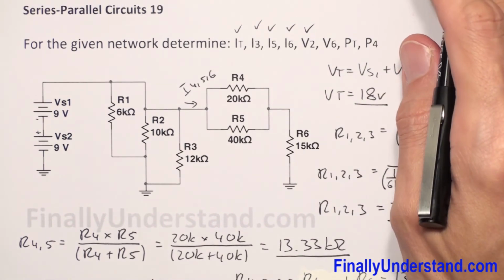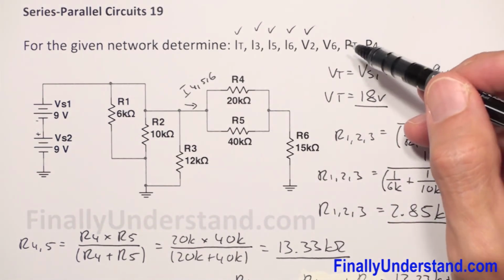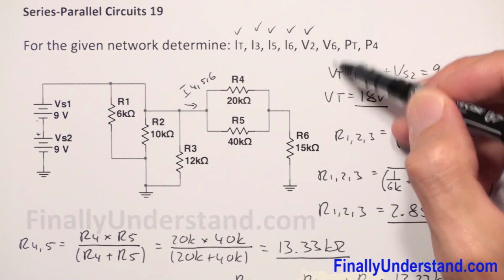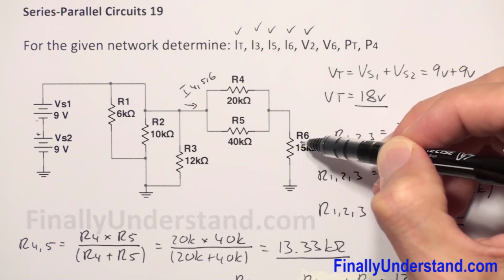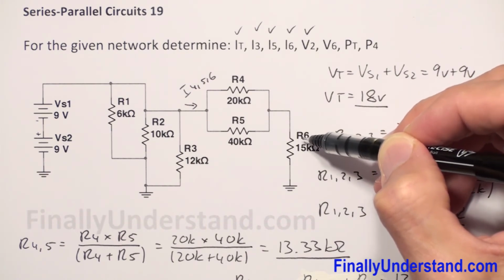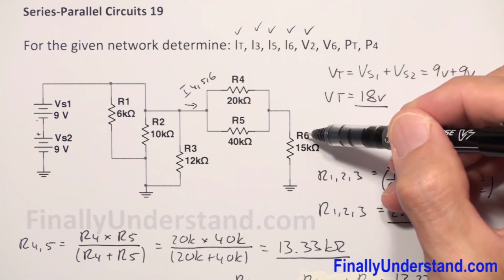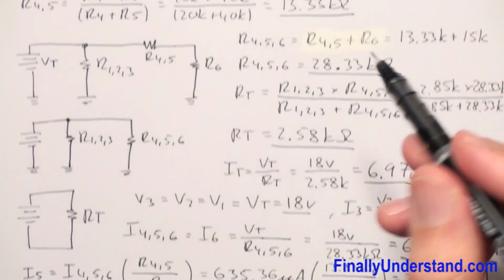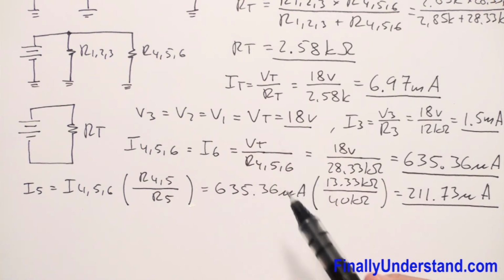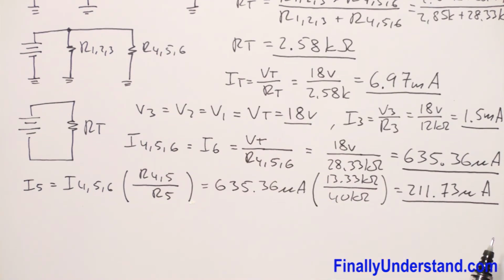Next, we're supposed to find V6. V6 is the voltage across resistor R6. Because I found the current already which goes through the resistor R6, this is my I6, and I know the resistance, I can find V6 very easily.